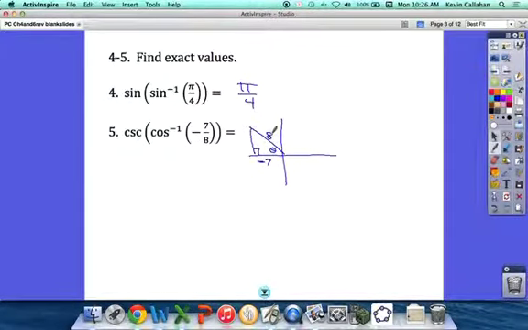The r is always positive. And then how do you find this? Pythagorean theorem, right? So the Pythagorean theorem would say the square root of 8 squared minus -7 squared, which is the square root of 64 minus 49, which is the square root of 15.